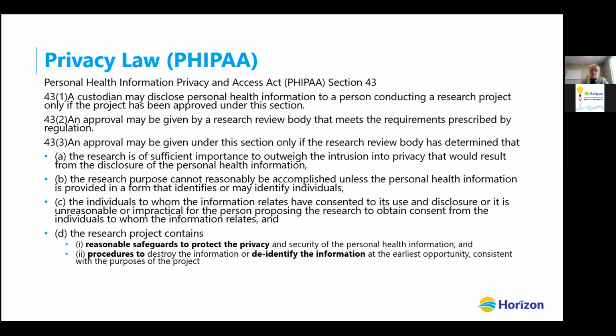And the REB has to give approval under this section, making the determination that the research is sufficient in importance to outweigh the intrusion into privacy that would result from the disclosure of the personal health information, and that the purpose of the research cannot be reasonably accomplished unless personal health information is provided in a form that identifies or may identify individuals.